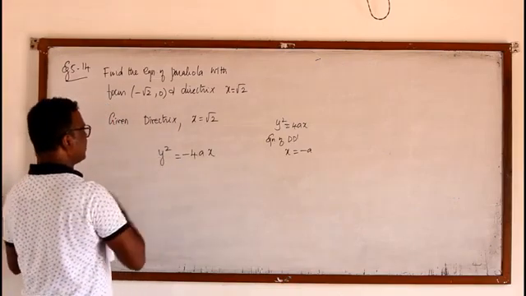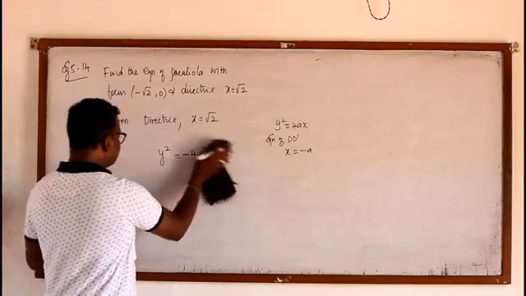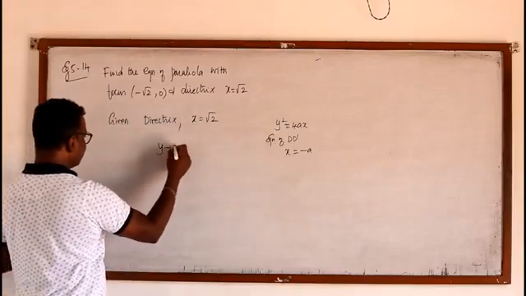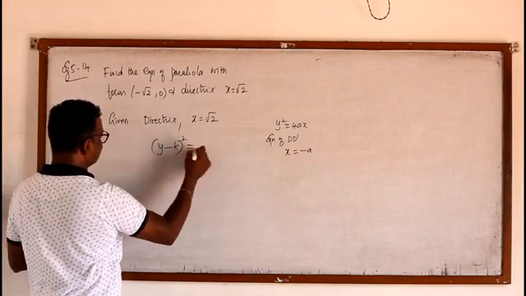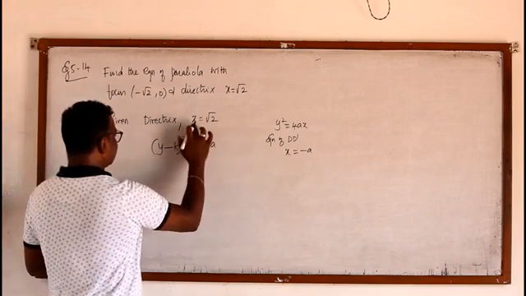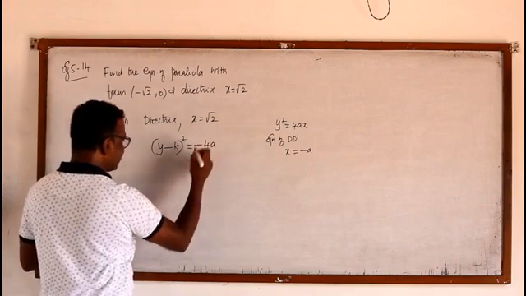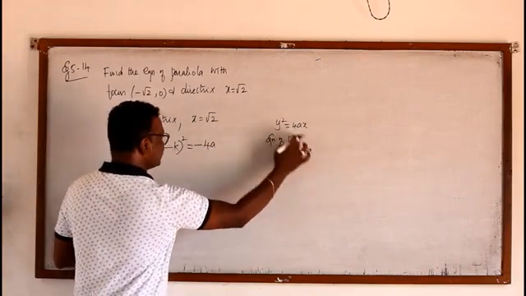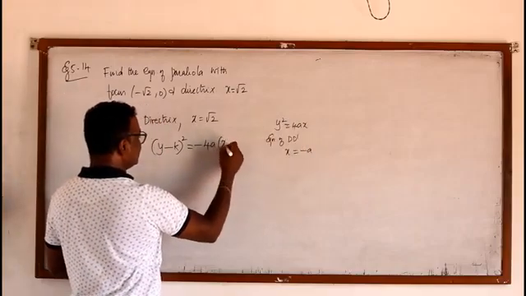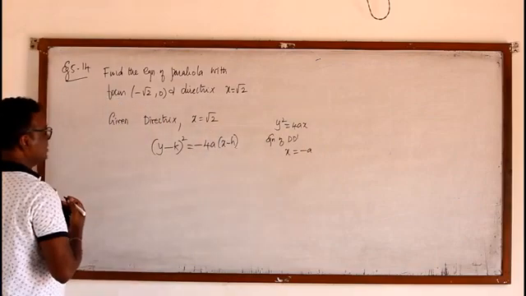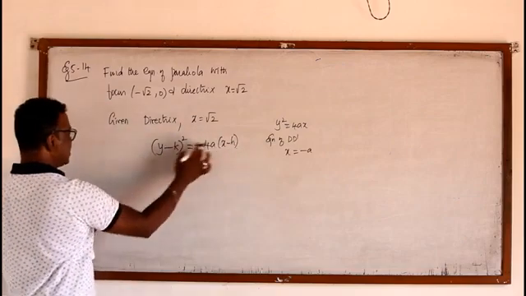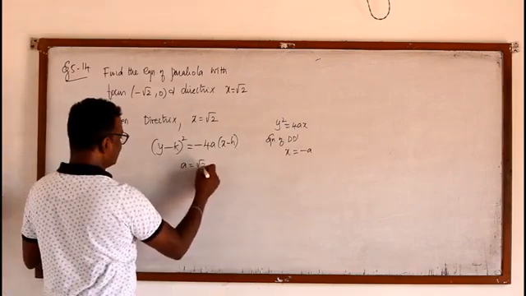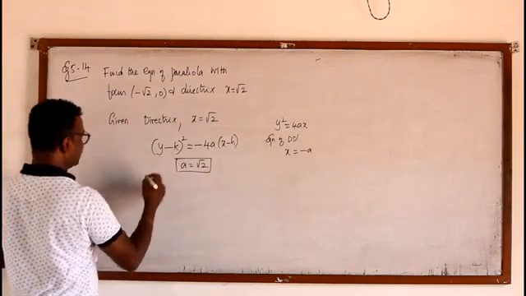Before going to this format, remember the nature of the equation we are going to study hereafter: write y minus k the whole square equal to minus 4a into x minus h. Now I need h, k and a. X equal to a, therefore a equal to root 2.